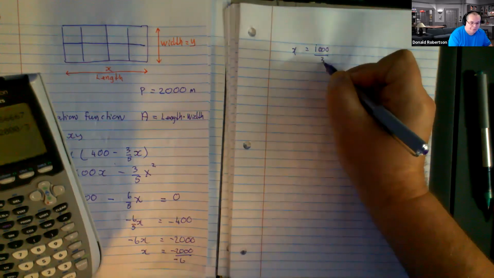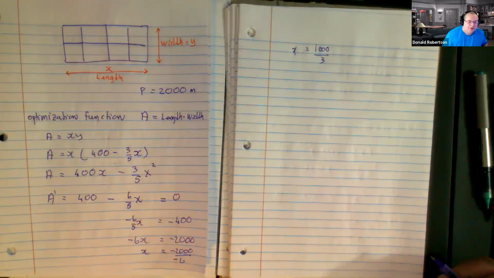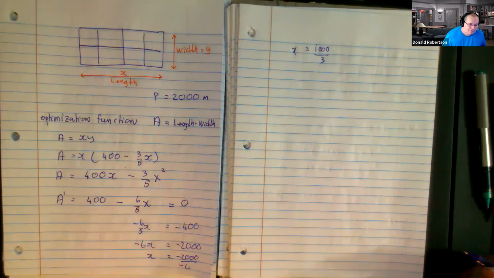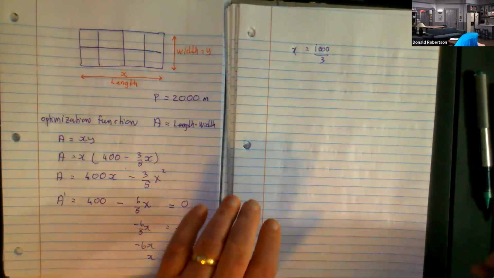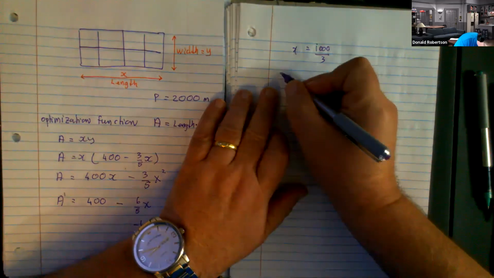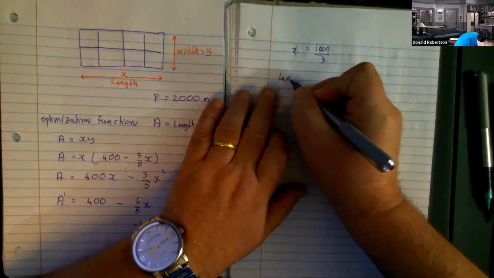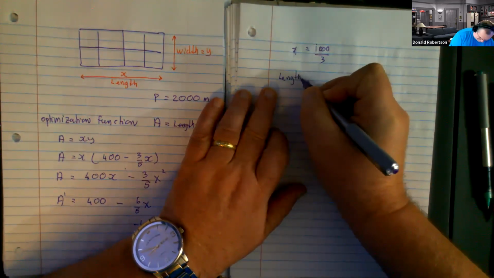And to finish the question then, let's assume that they asked us not what x is equal to, but what would the length and width be? If they did that, your answer would be that the length is equal to x. So that's 1,000 over 3 meters.